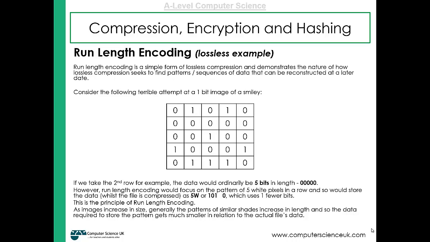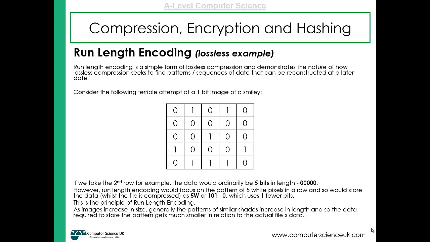Imagine that picture was of, I don't know, a white sky with lots of clouds, loads and loads of white pixels all in rows. Instead of storing the data for every single pixel, you might see that there are 1,000 white pixels in a row, and run length encoding would go, okay, let's store that as 1,000 zeros.